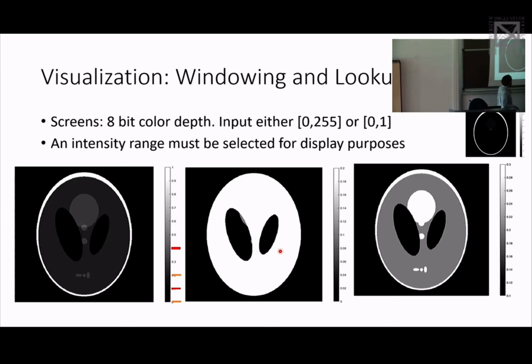By the way, we are talking about gray images that show only intensity, which is one channel. They don't have any intrinsic color, so they are generally shown in grayscale. Not necessarily; the next slide will focus on that.